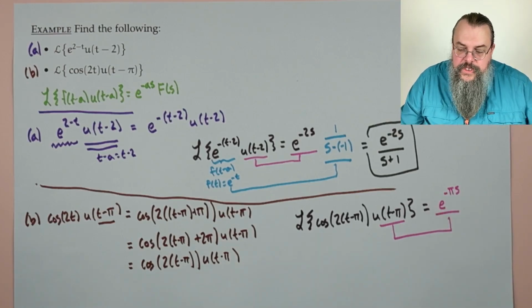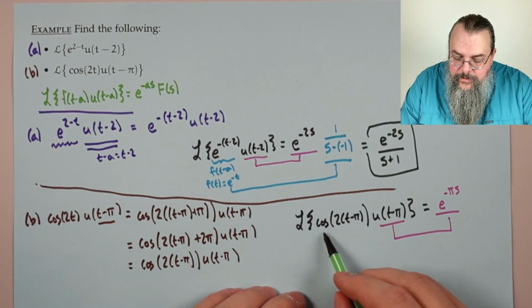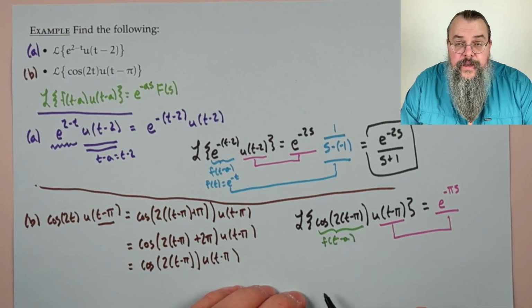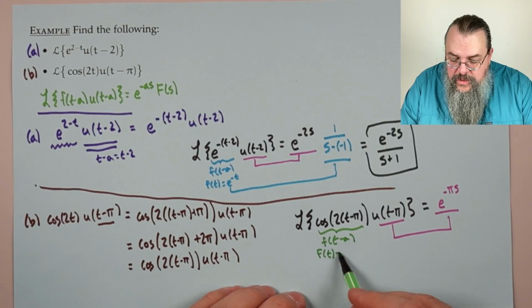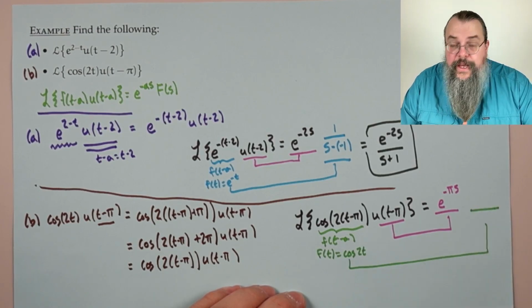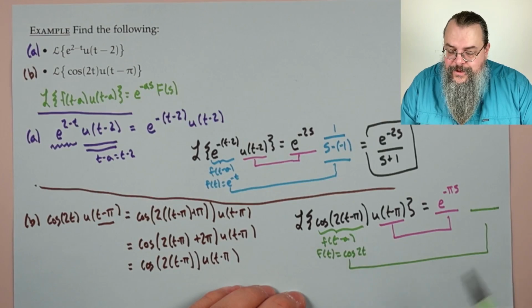Now the question here is, what about this other part? Well, this part, again, that's our f of t minus a. And we say, all right, well, what is f of t? f of t would be just the cosine of 2t. We say, okay, we know how to handle that. So cosine 2t, there's a rule. What's our rule?